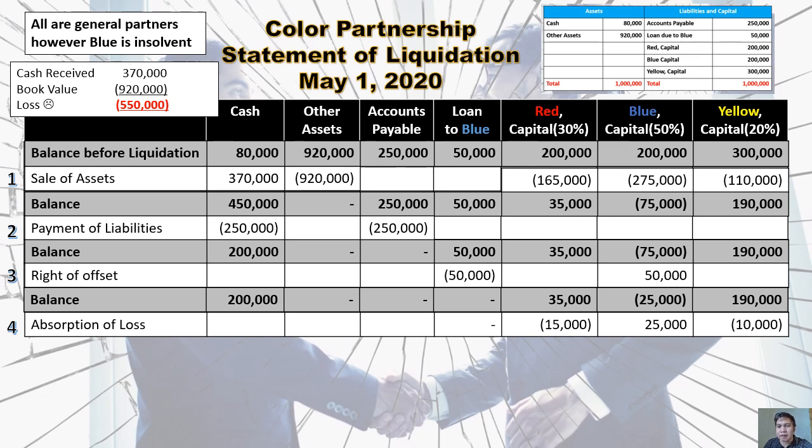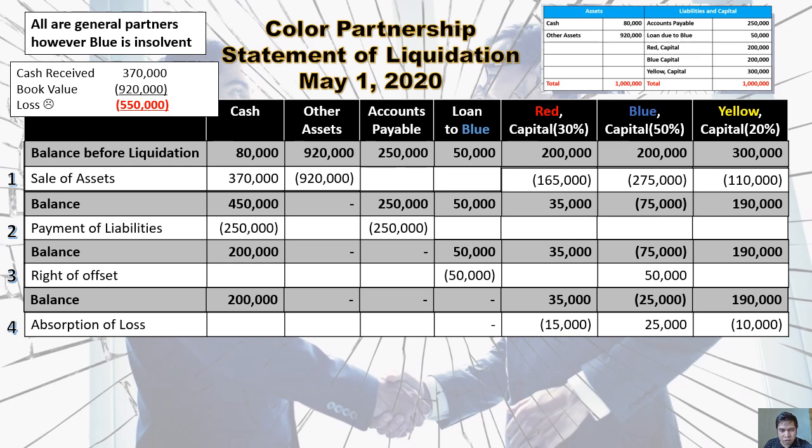So basically, 30-20 na lang po ang hatian. So 30 divided by 50% times the capital deficiency of Blue which is 25,000. So mapunta po sa kanya ay negative 15,000. Then kay Blue, 25,000 in full amount. Then kay Yellow, negative 10,000 pesos.